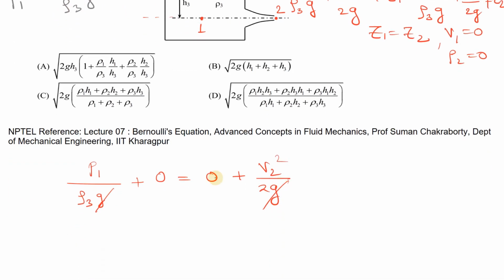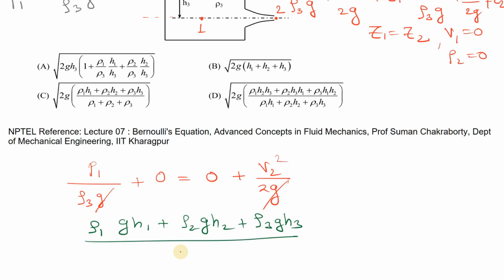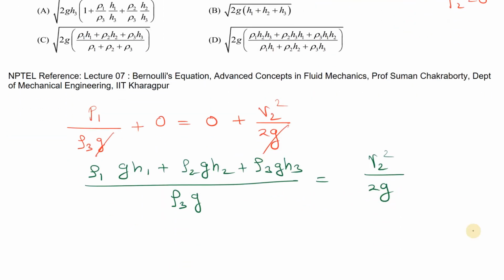Let's substitute it in this equation. So we'll get rho 1 G H1 plus rho 2 G H2 plus rho 3 G H3 upon rho 3 G is equal to V2 square upon 2G. G we have already cancelled, so no need to write here again.